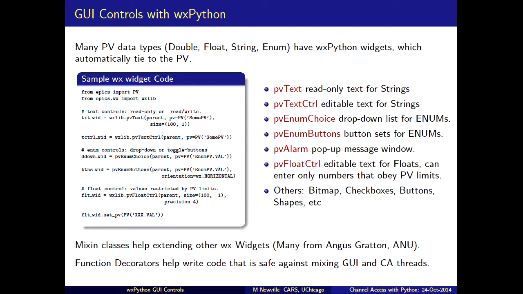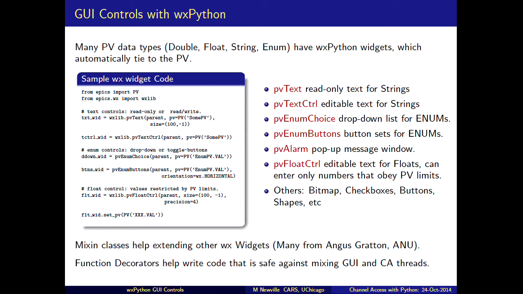There are subclasses of many of the widget types: plain text, a text control, an editable text string, an enum for a drop-down list, buttons, alarms, or floating points that you tie to a PV, so that when you update that text widget, it updates the PV, or when that PV updates from some other source, that widget gets updated. Much of this code was actually written by Angus Gratton, who was at ANU at the time.